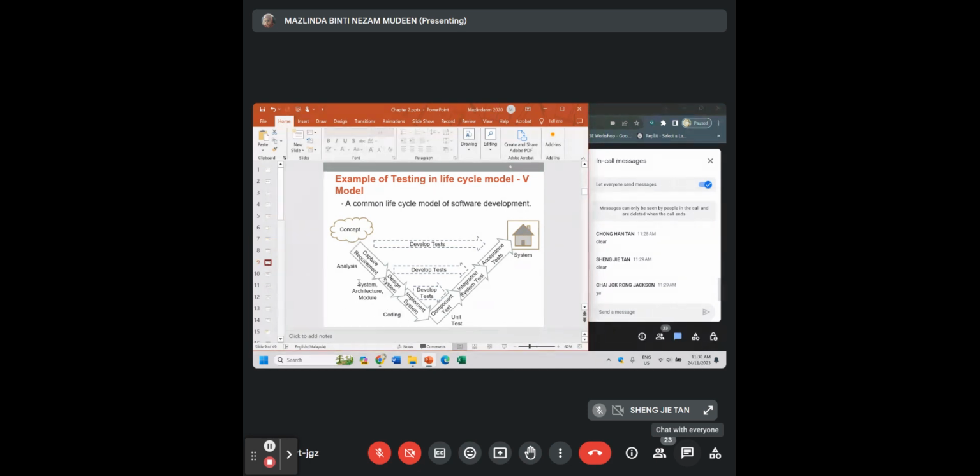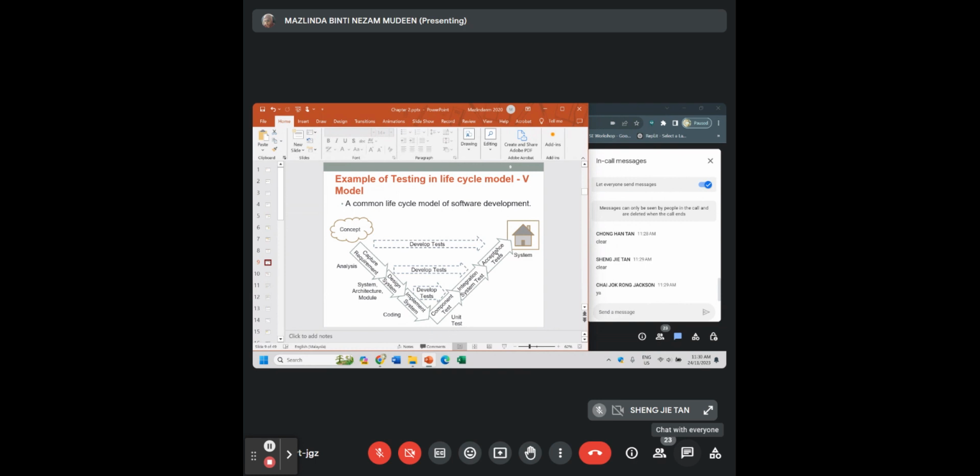What we prepare at each of these stages is what we need for our different levels of testing later. When we have a requirement which we have gathered and documented, this requirement will be used to develop the acceptance test later.